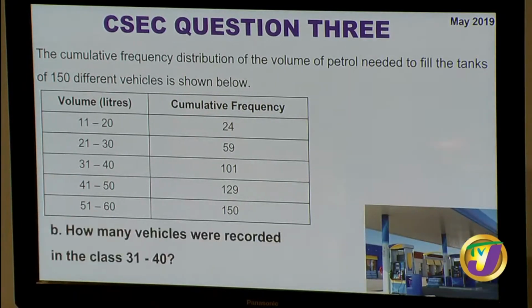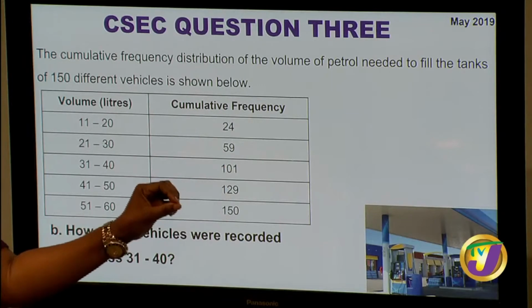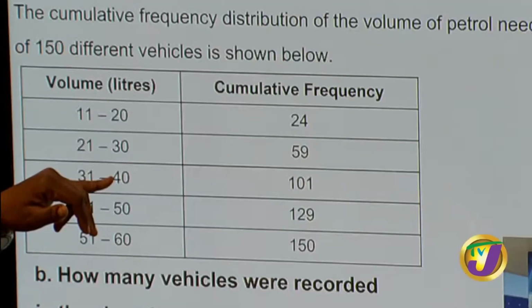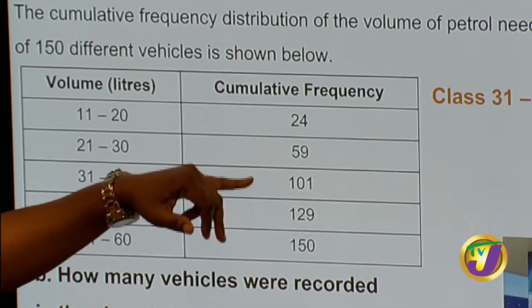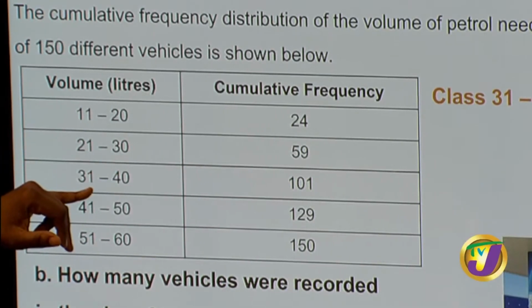All right. How many vehicles were recorded in the class 31 to 40? So, Latoya, if my memory serves me right, we just spoke about that. We did. And we said that this 101 here is representing all the vehicles requiring 40 liters of petrol or less. So this 101 takes in all the vehicles that came before this class interval as well.